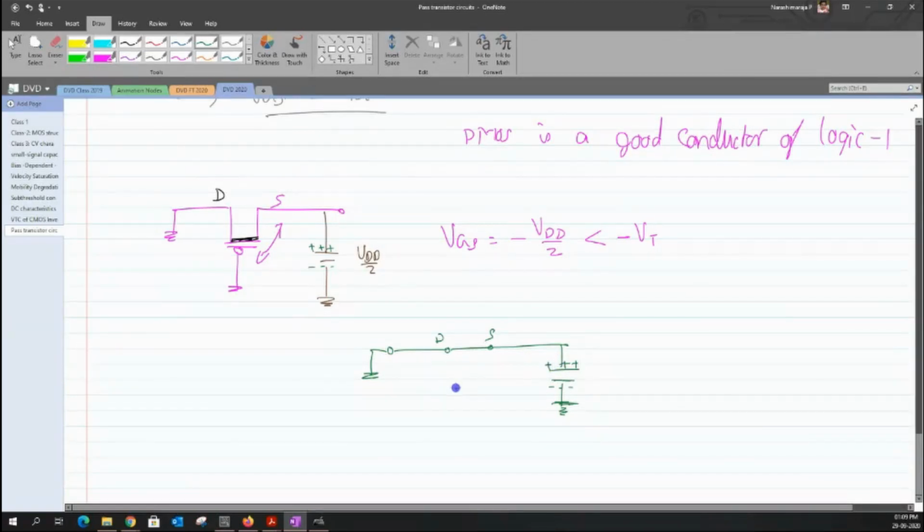So as it keeps losing the charges, when the voltage across this capacitor reaches the magnitude of VTP, what happens to the channel? What happens to our VGS under this condition? The VGS becomes minus VTP. And due to which there doesn't exist any channel.